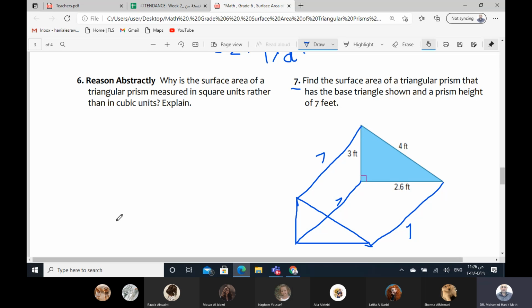Start from the base. So the surface area equals the base triangles. We have two congruent triangles, so multiply by 2.